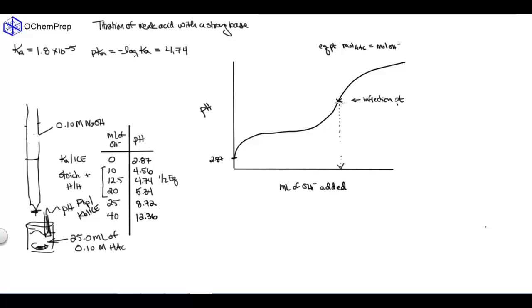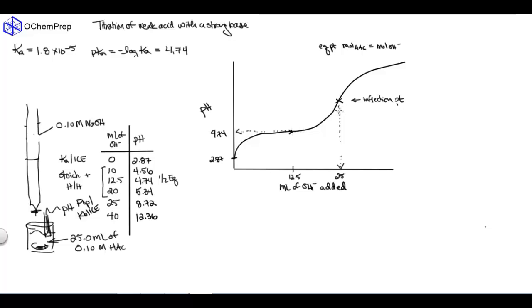Now, once you graph that, you go back in your graph and you find halfway to the equivalence point. In this case, the equivalence point is 25, so you're going to go back to this point right here at 12.5, and that's our half equivalence point. The half equivalence point is where the pH is equal to the pKa. So we have 4.74.